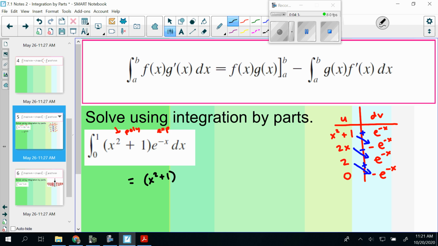So it'd just be this times a negative e to the negative x. All right, now we go to the next thing. So the next thing would be multiplying 2x with e to the negative x, but we need another negative in there, so it'd be plus 2x times a negative e to the negative x, so there's going to be a negative in there.